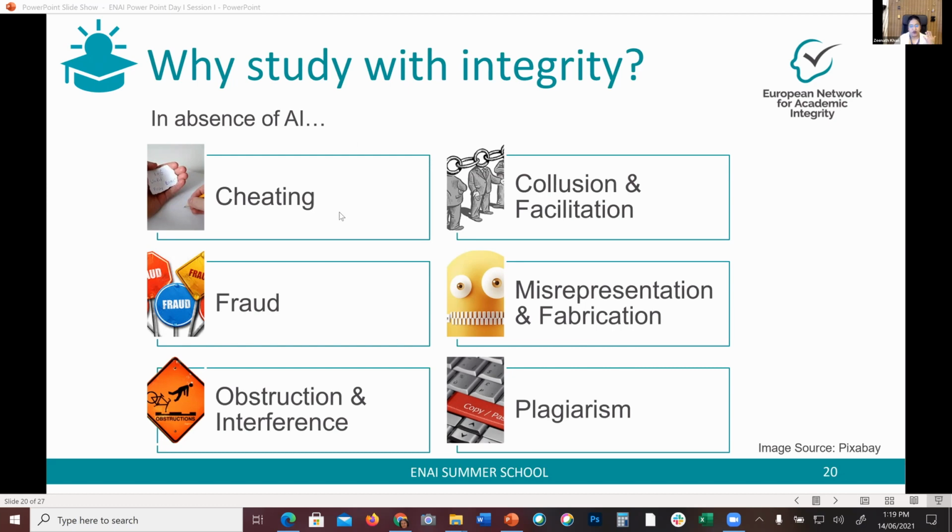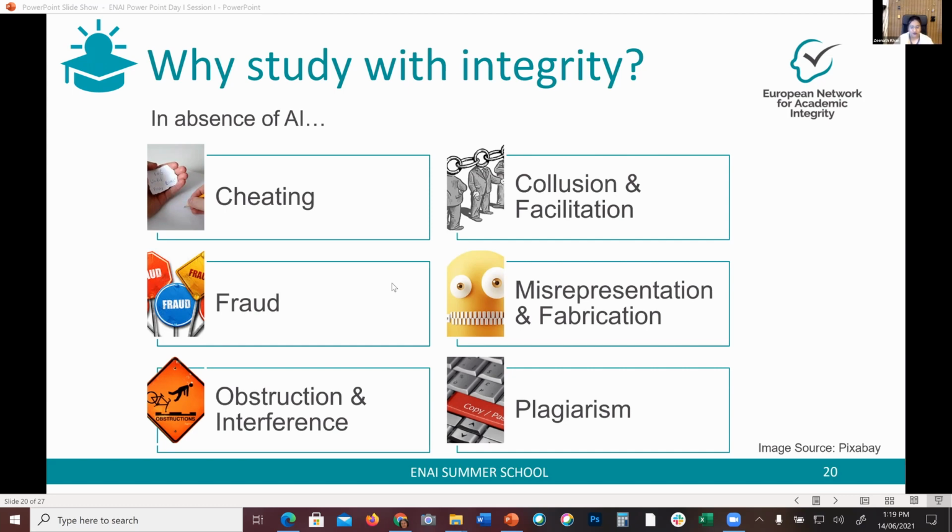But under cheating or plagiarism, you can also have contract cheating, which is where you're getting somebody else to do the work and then you're saying it's yours. Then you've got collusion and facilitation, where you're actually working with group members or people when you're not supposed to, or you're facilitating cheating. So you're not necessarily cheating, but you're helping somebody else, showing them the answers and things like that.